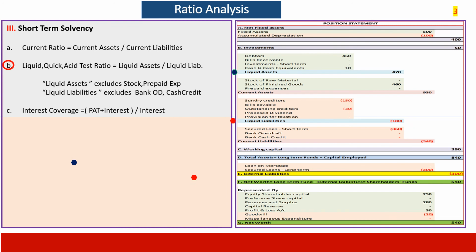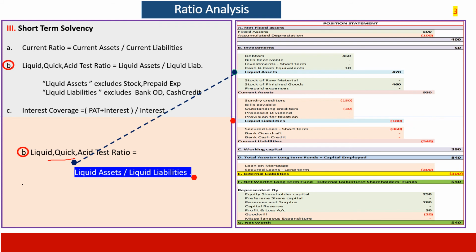Then comes the liquid, quick, or acid test ratio. It can be either of these three, and quite simple. Our definition of liquid assets: all current assets excluding stock of raw materials, stock of finished goods and prepaid expenses. That is called liquid assets.